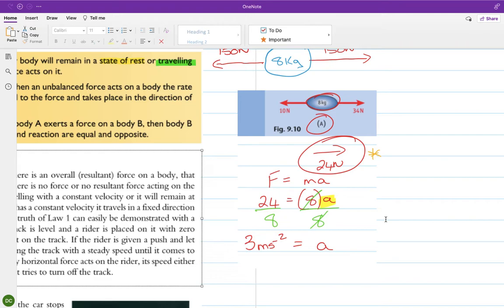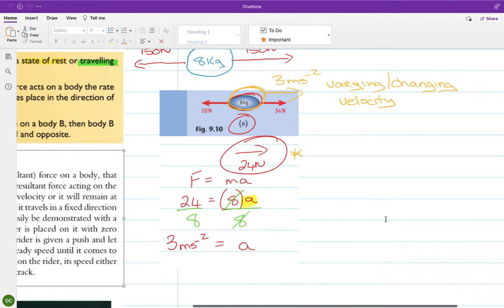Okay, so the fact that this object is moving to the right with 3 meters per second squared means we have a varying, or changing, velocity. So the velocity is changing.